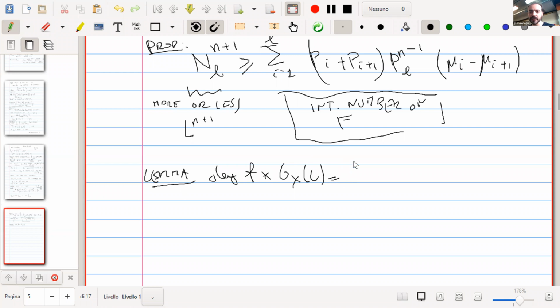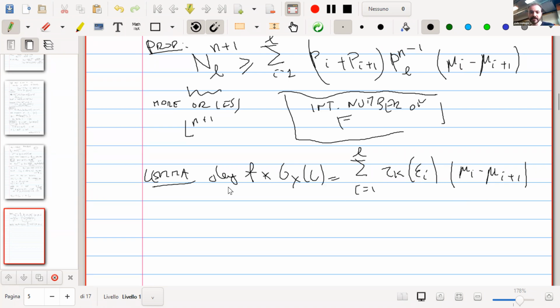But this one is equal to the sum for i from 1 to L of the rank of E_i times mu_i minus mu_{i+1}. So the connection from here to here passes through this formula.